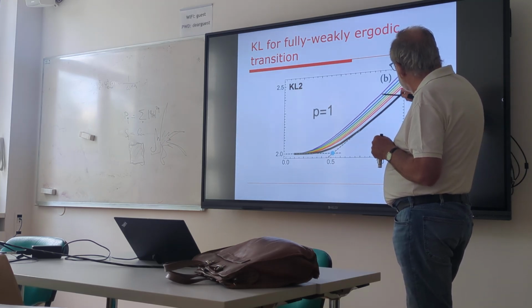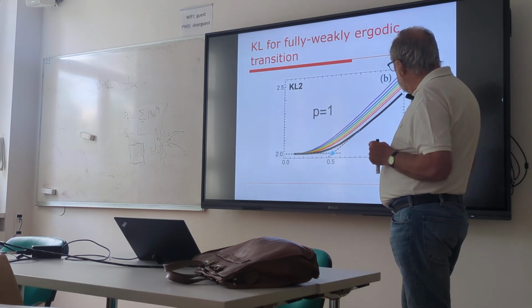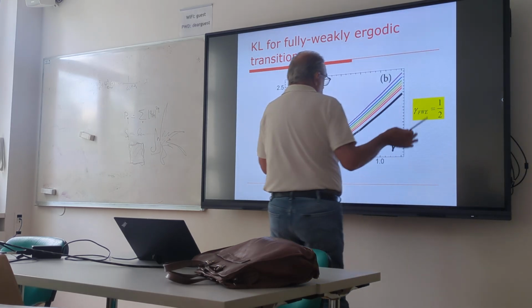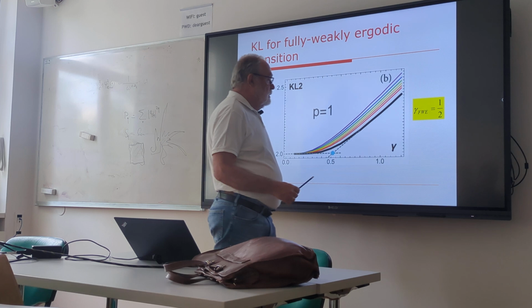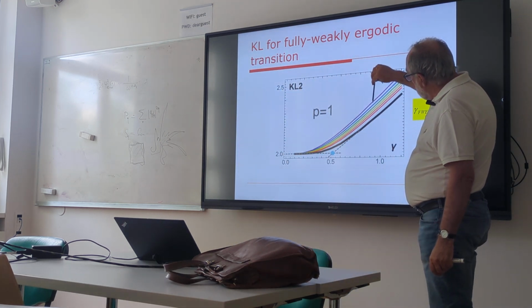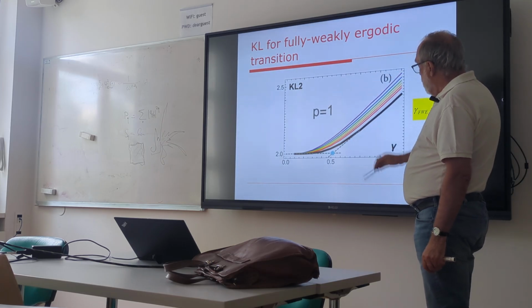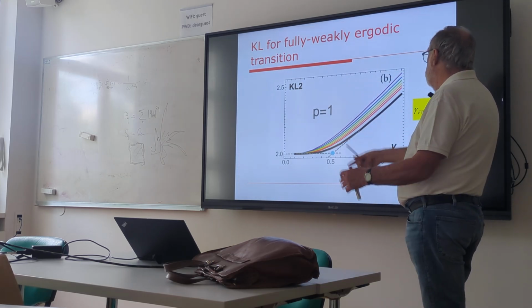This is the smallest one, then bigger, bigger, bigger, bigger, bigger. And of course, this is a finite size computation. What we can do, we can make a 1 over log extrapolation as we did for f of alpha.